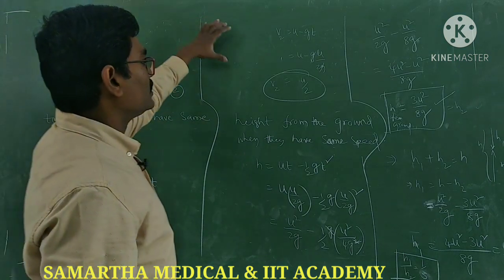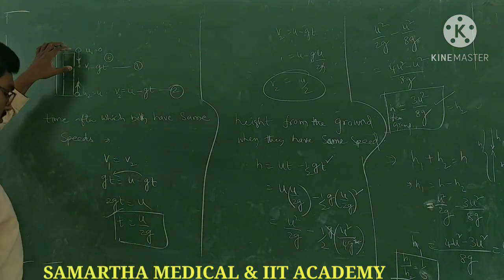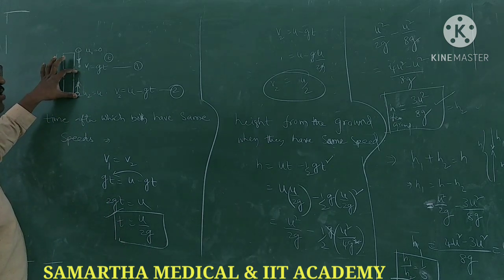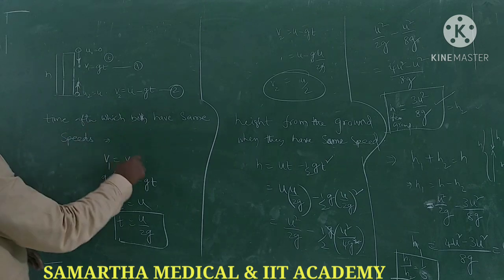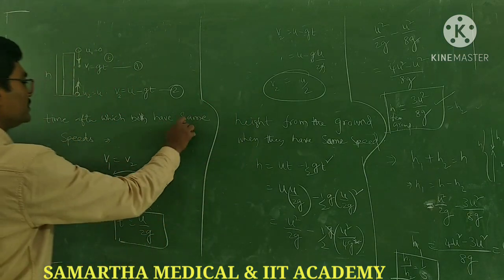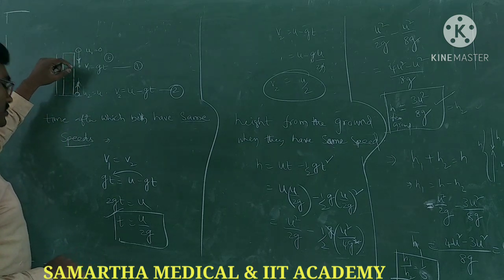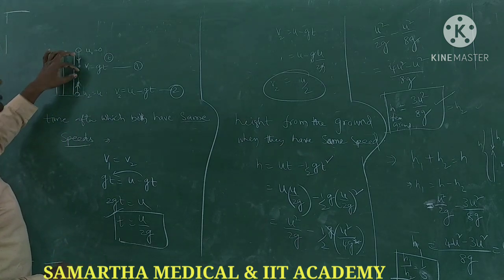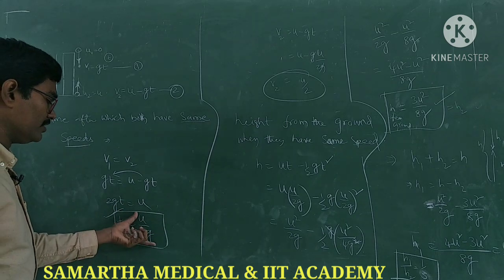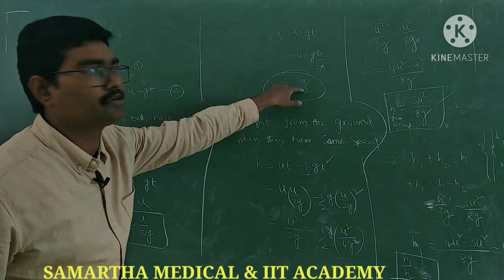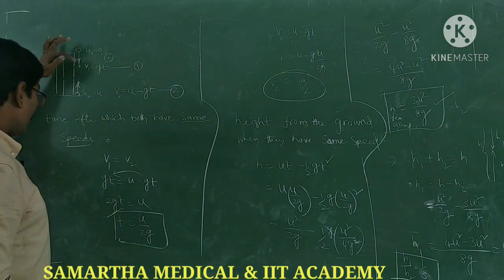Next, see here, after this time, what is the velocity of the body thrown in the upward direction? The condition is that both the bodies have the same speeds. At the time u by 2g, both will have the same speed, which is u by 2 for the freely falling body.